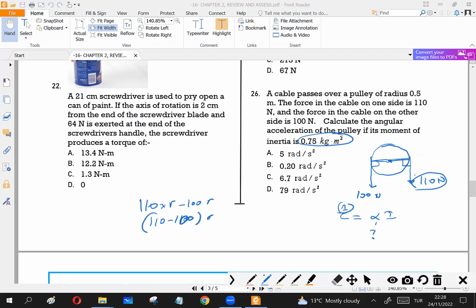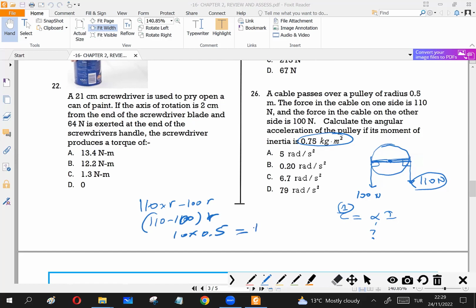Both forces produce oppositely directed torque. You should subtract them, then multiply by the common distance. Both have the common distance from left and right, the radius. So 10 times the radius, which is 0.5. This is the net torque produced by these forces.